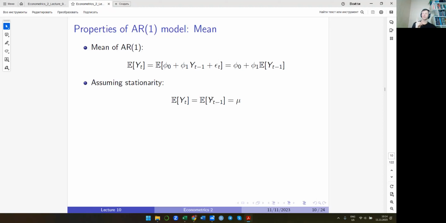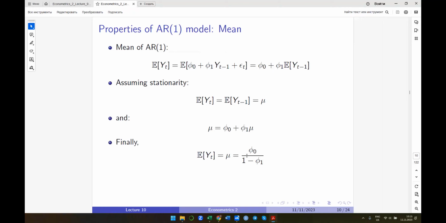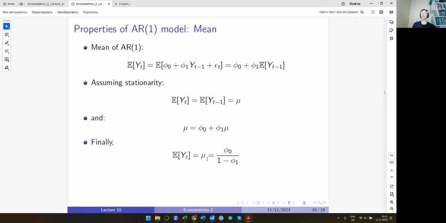If we assume stationarity, only if we assume stationarity, then the expected value of yt equals the expected value of yt minus 1, and they equal mu. So we can change the notation: mu equals phi 0 plus phi 1 mu. So finally, the expected value of yt, which is mu, equals phi 0 over 1 minus phi 1.